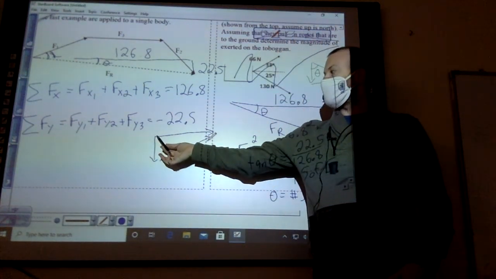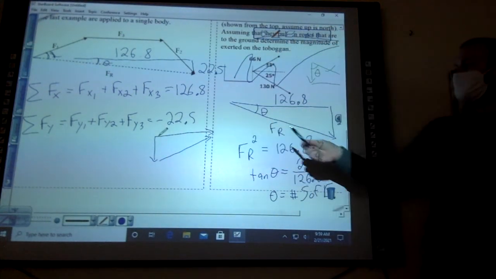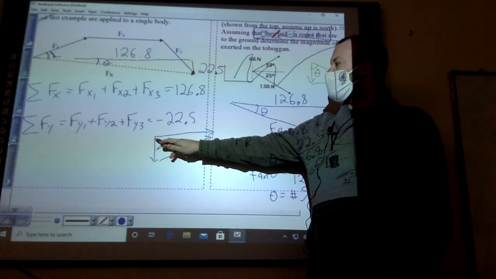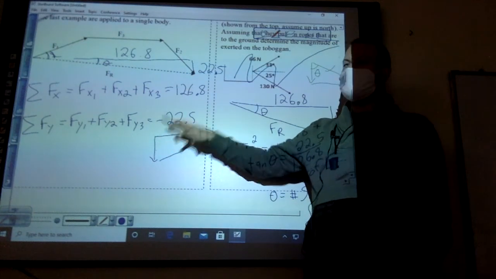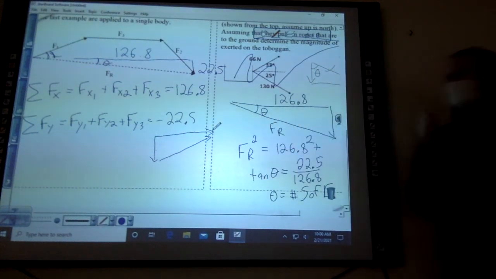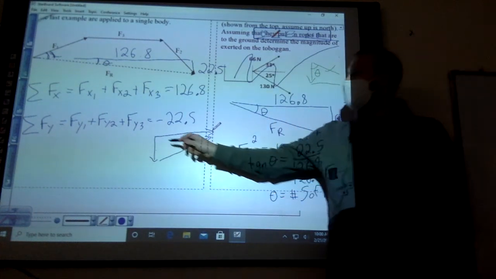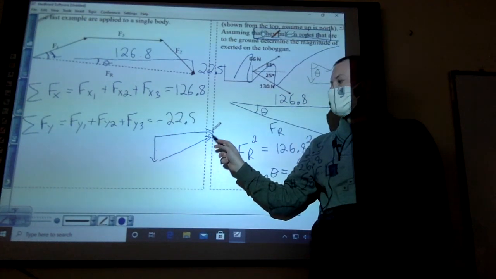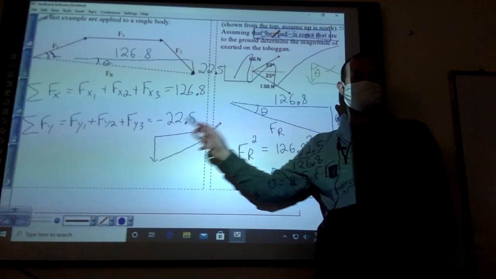This doesn't work because here you've got tail to tail. If you're adding this vector plus this vector, you'd need to go the tip of this one to the tail of this one. Essentially what you've drawn here, Lila, is this vector plus this vector, because these are the two that are tip to tail.